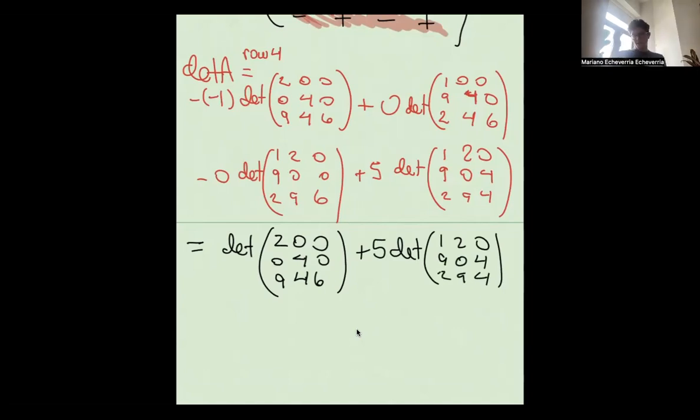Okay. And in this case, to compute these remaining determinants, again, you choose the row or column with the most zeros. 2 is the best number I can choose from in this case, and 1 seems to be the best I can do here. So I can just choose row 1 in both cases.